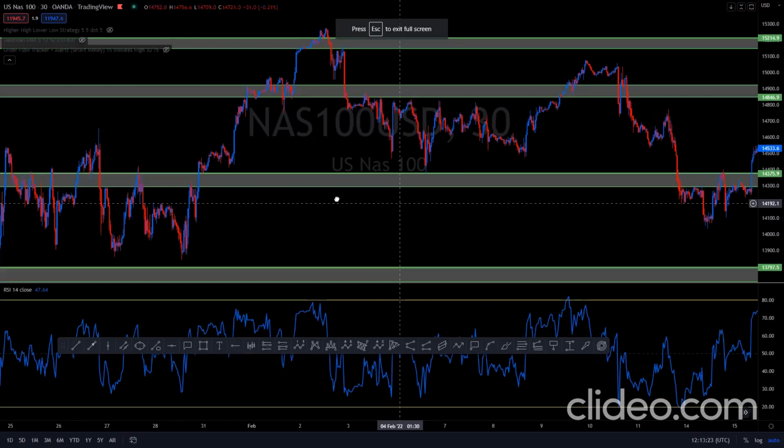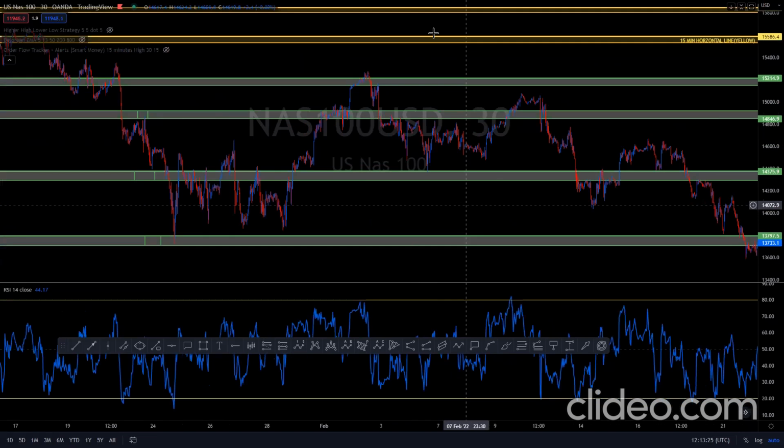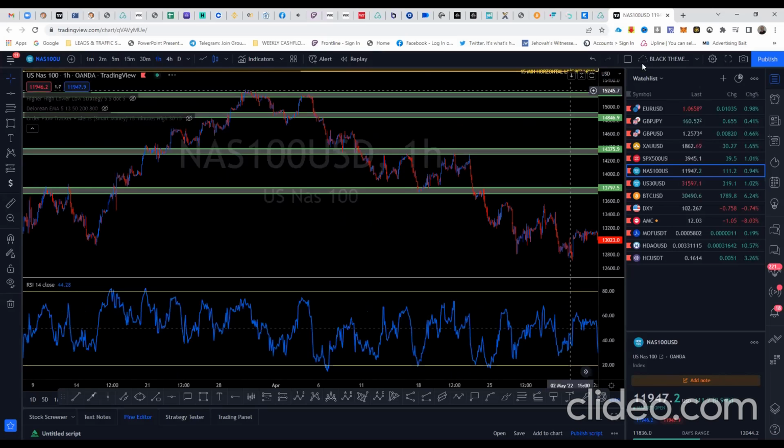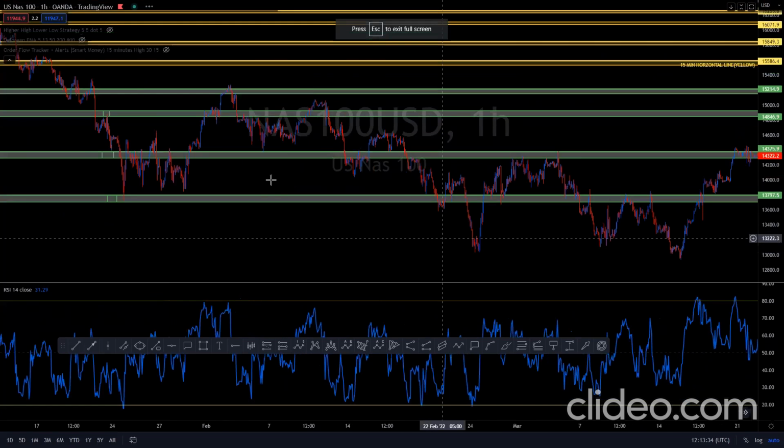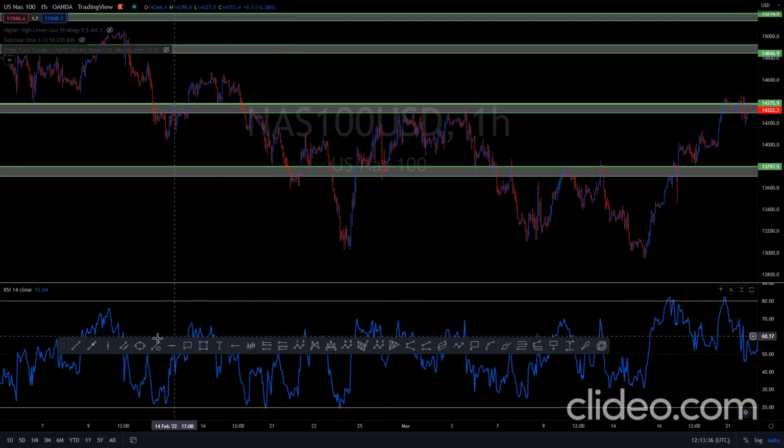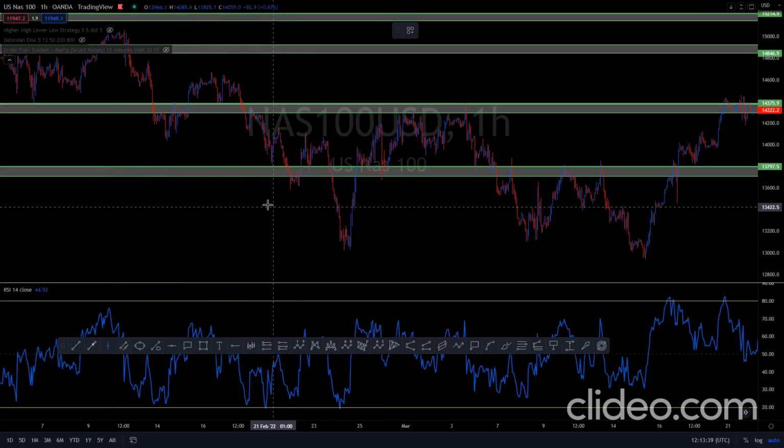All right. And so now we're going to move on to the 1-hour time frame. And this is where we left off from the 30-minute. So we're going to put a horizontal line here.